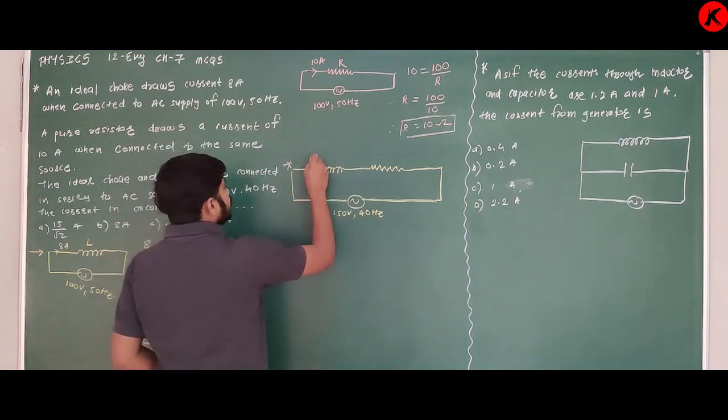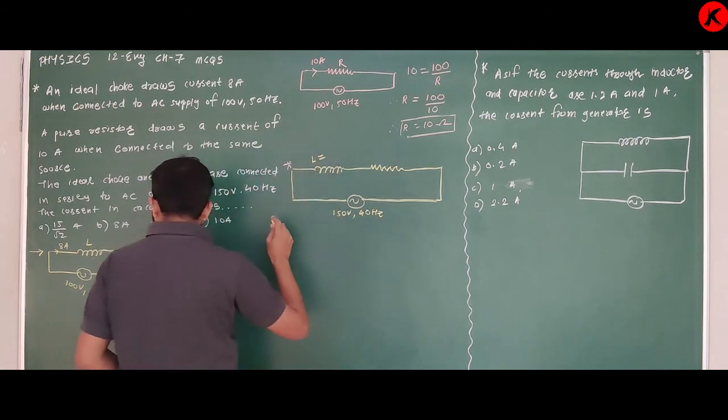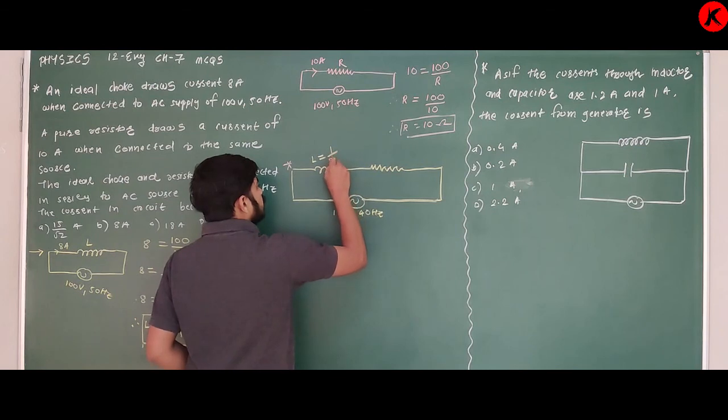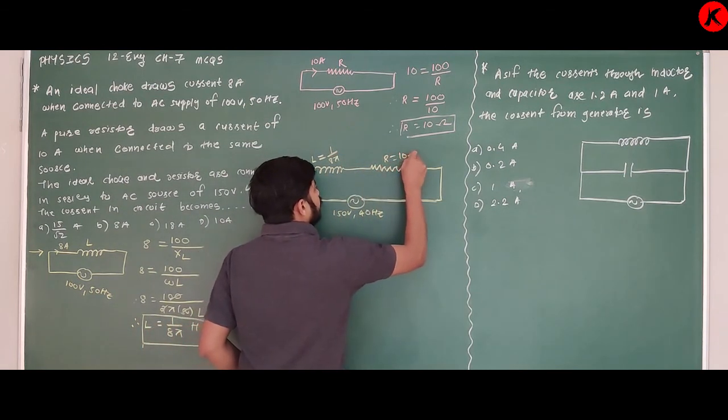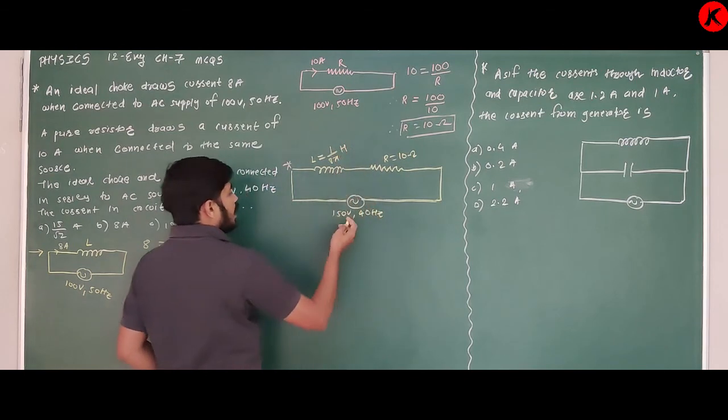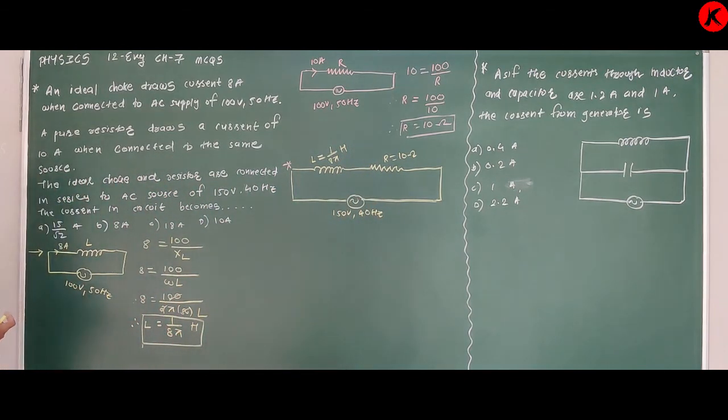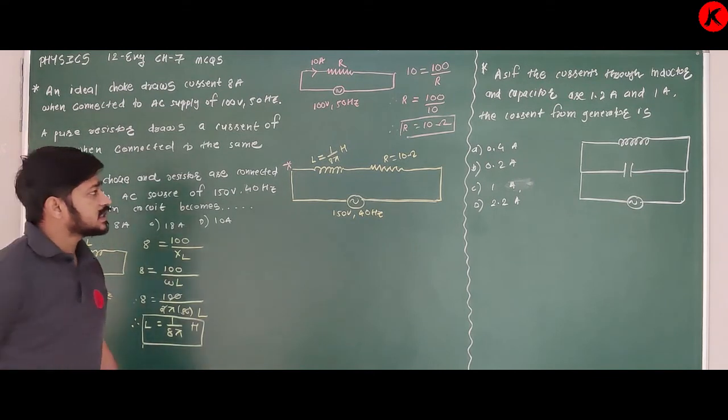Inductance L is 1 upon 8 pi Henry, and resistance R is 10 ohm. Then your question is, what is the current in the circuit?